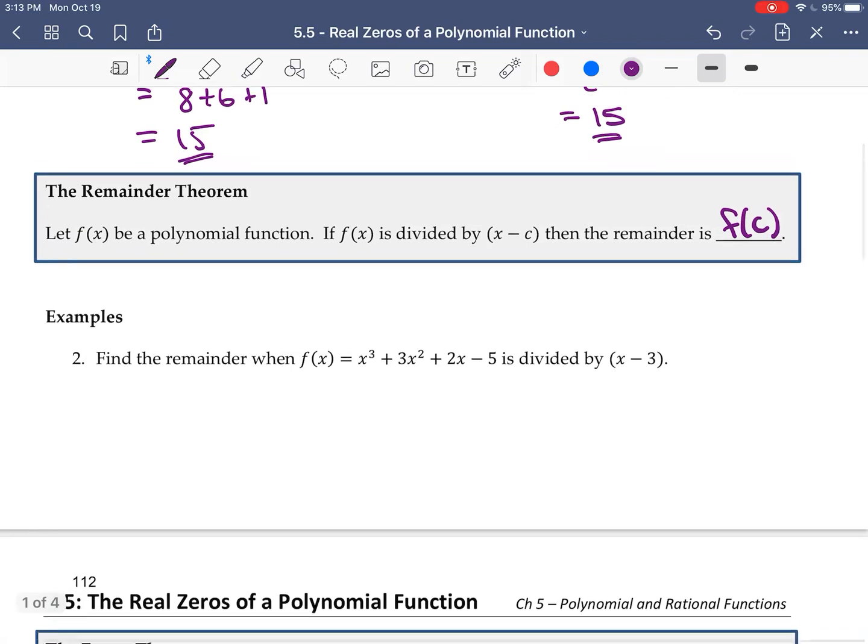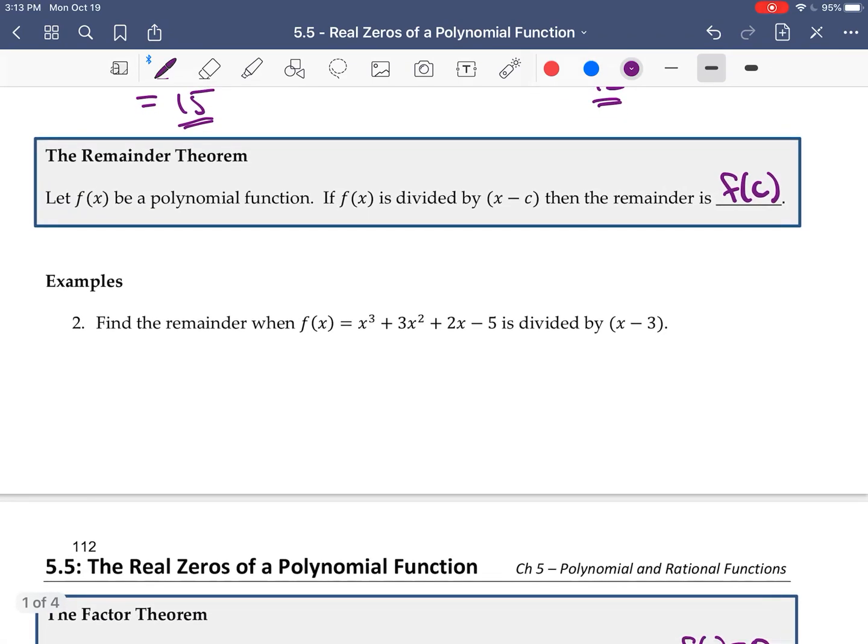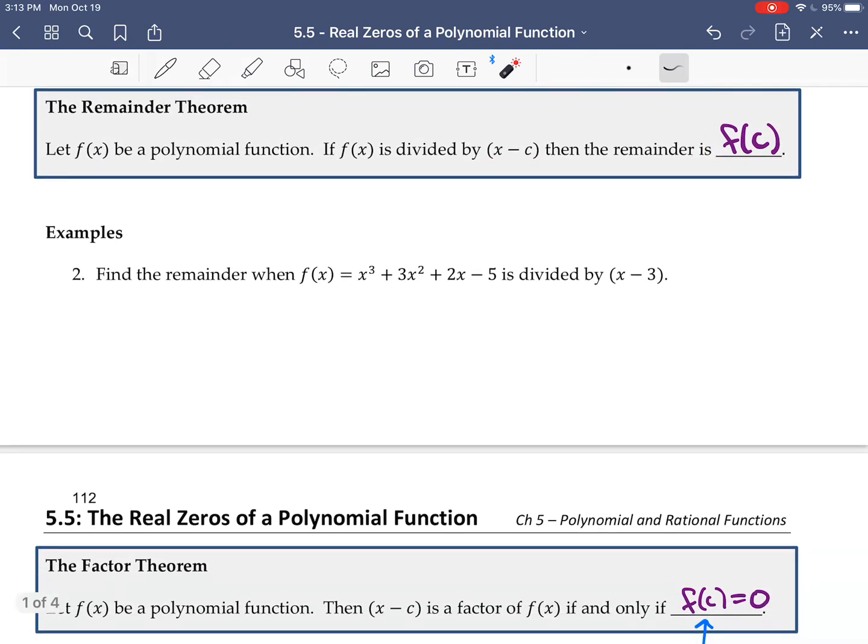We also saw that the remainder theorem says that if we divide f of x by x minus c, then our remainder should be f of c. So in this example, if I want to find the remainder when I divide this polynomial by x minus 3, all I need to do is evaluate f of 3.